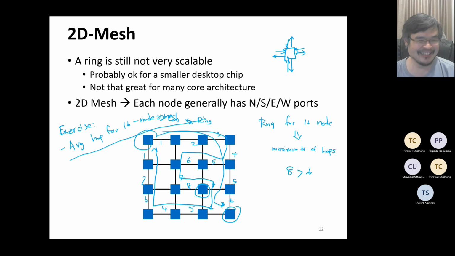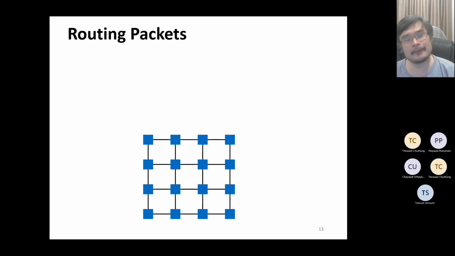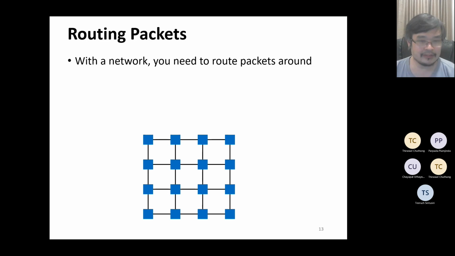All right. Okay, so now the next topic I have to touch is, now that you have this topology that connects things together, right? And you have a choice of, do I go north, south, east, or west? Then the next thing that I need to think about is, how do I route packets, right?